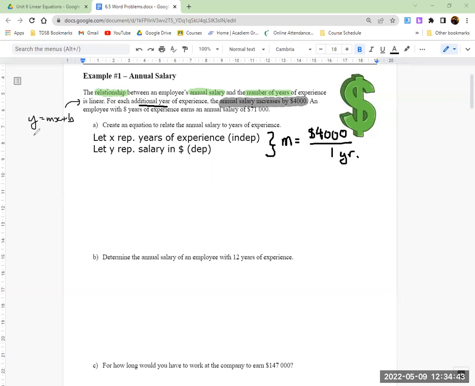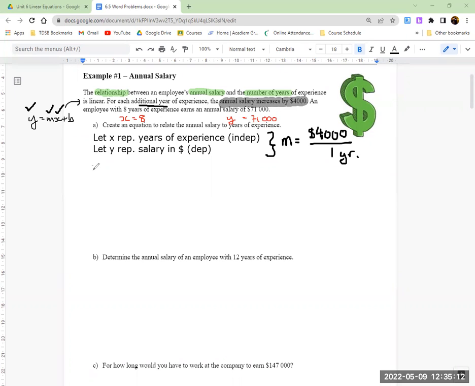Which means I have my Y, I have my M, and I have my X. They don't tell me B, but you can figure it out. An employee with 8 years of experience. So let me do it in red now. 8 years means X equals 8. Annual salary of 71,000 means my Y is 71,000.